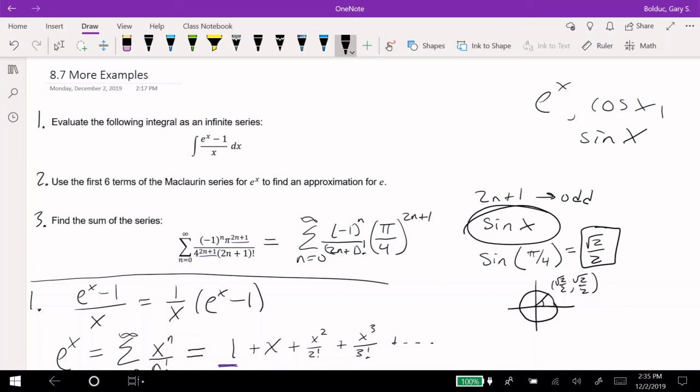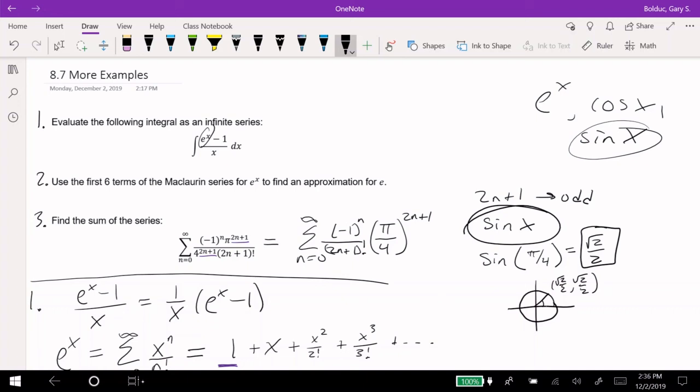So that's 3 fairly quick examples where if you can leverage what you know about e to the x, sine x as series, you can actually run through these pretty quick. So my advice to you is don't necessarily rely on having to recreate every series every time.